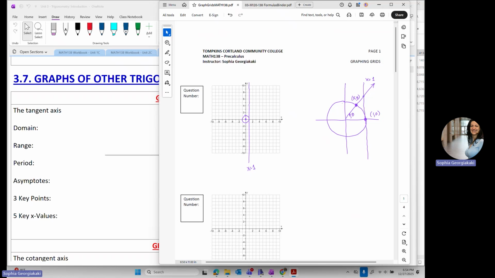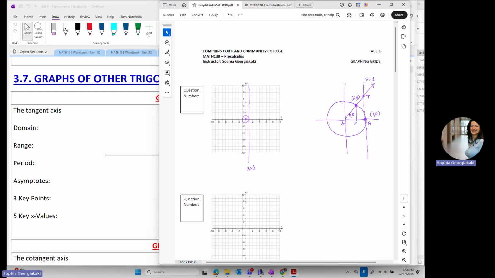So let's call this point of intersection T. And let's give some other names. Let's call this A and B. I'm also going to draw the triangle that attaches to the x-axis.